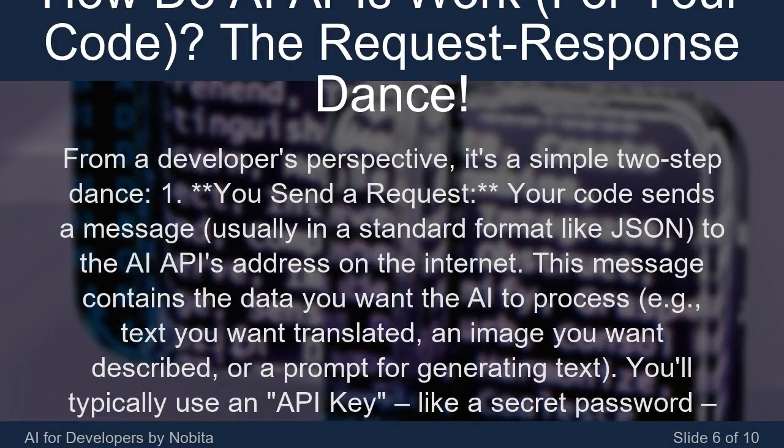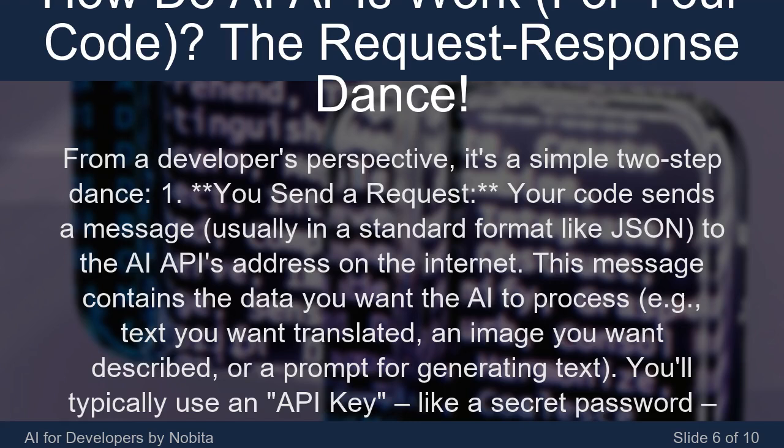From a developer's perspective, it's a simple two-step dance. 1. You send a request. Your code sends a message, usually in a standard format like JSON, to the AI API's address on the internet. This message contains the data you want the AI to process, e.g., text you want translated, an image you want described, or a prompt for generating text.